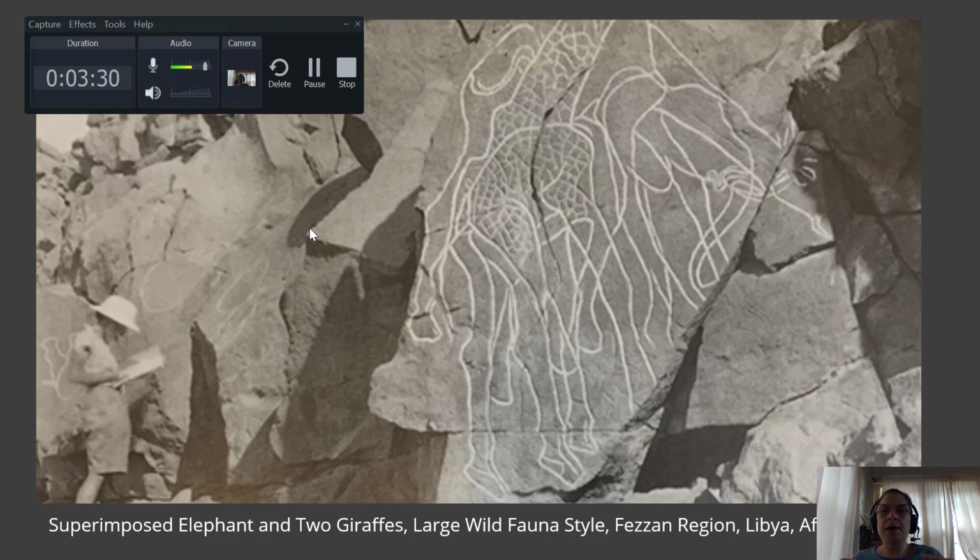And we believe that the people who created these images were creating them because they had some kind of relation to what was known as their hunting magic. By creating these images, they were trying to control the animals that they wanted to kill and eat, and use their hide and other resources from the animals' bodies.